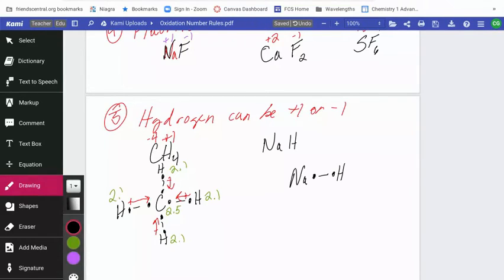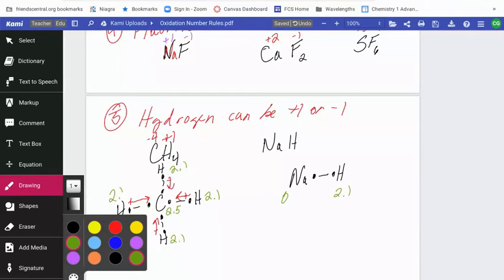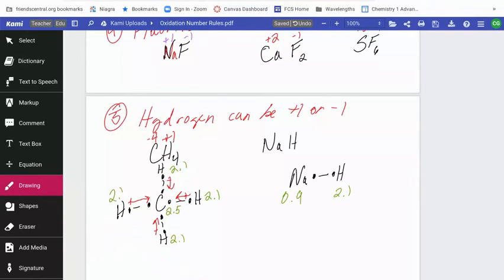Well, let's put in some electronegativities. Hydrogen is 2.1. In this case, the 0.9 for sodium means that sodium is weaker in terms of its electronegativity, which means in sharing of an electron, it's going to go over to the hydrogen. Hydrogen is going to be the negative this time, a -1, and sodium is going to be the positive, a +1.